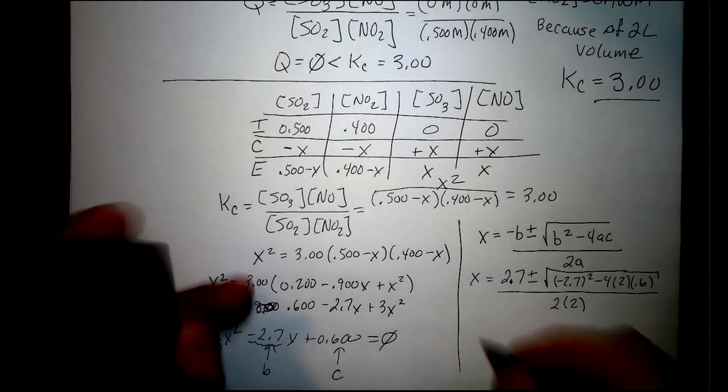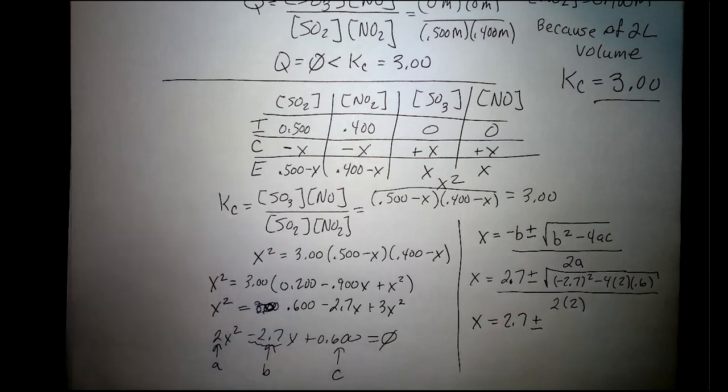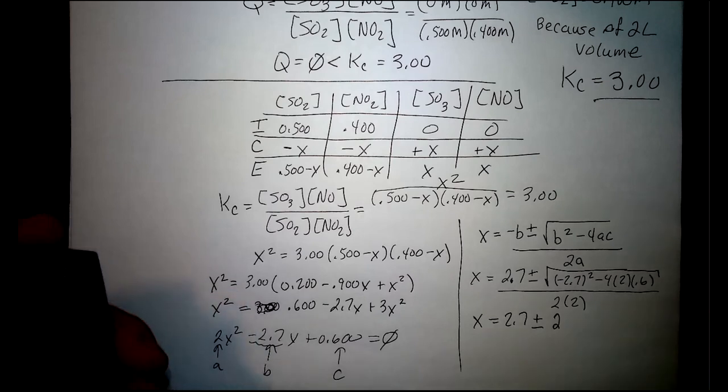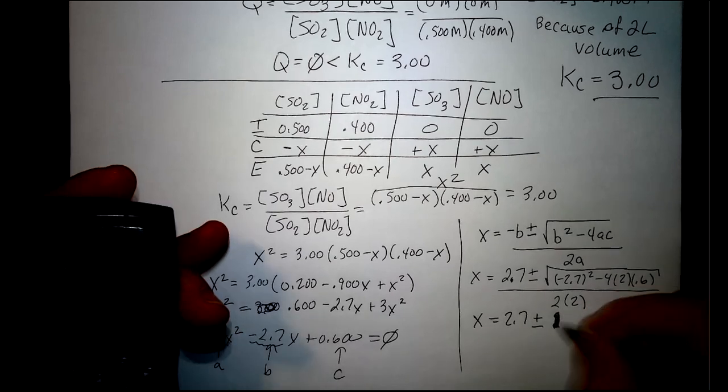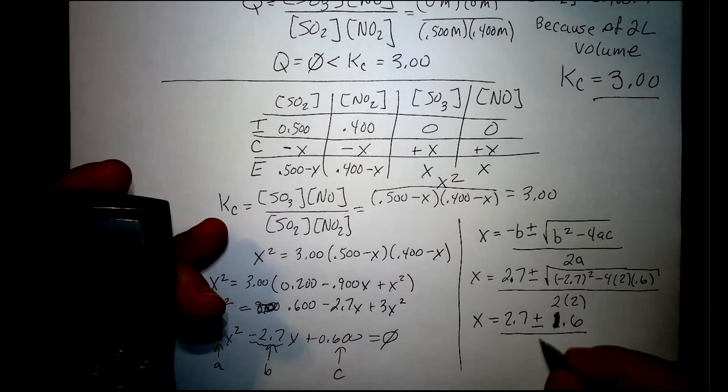Let's simplify what's in the radical: 2.7 squared minus 4 times 2 times 0.6 gives 2.49, and we'll square root that to get 1.6, divided by 4.